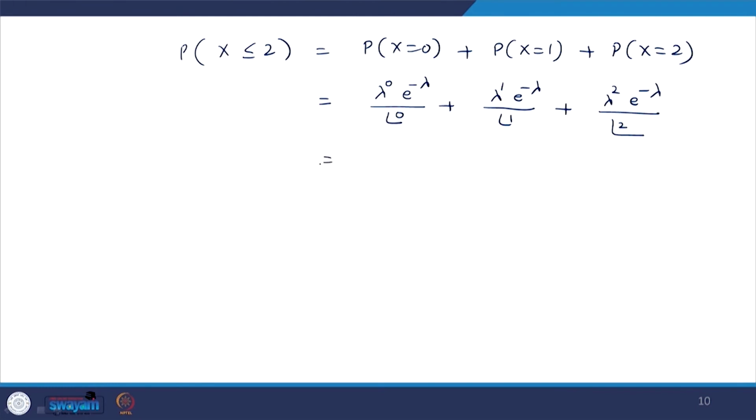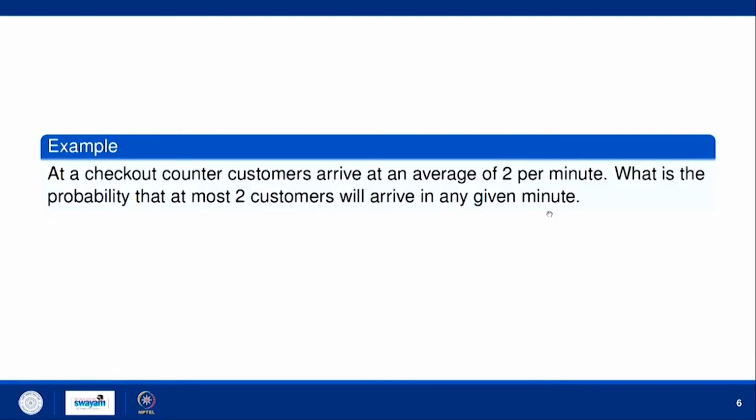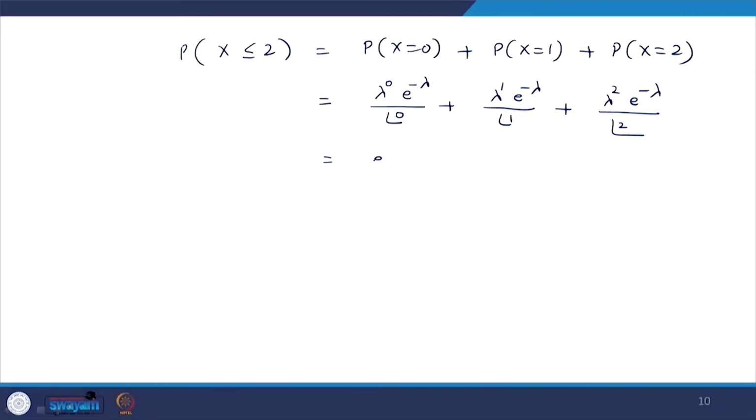Now, lambda is 2, as given in the problem. So, it is e raised to power minus 2 common here. So, it is 1 plus 2 plus 4 upon 2. So, this is nothing but 5 e raised to power minus 2. So, that is the final answer for this problem.